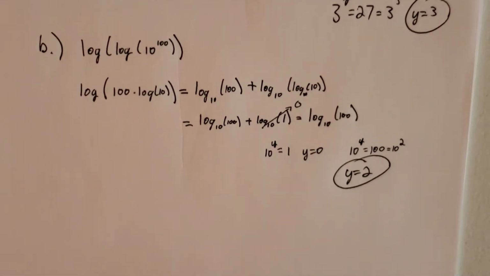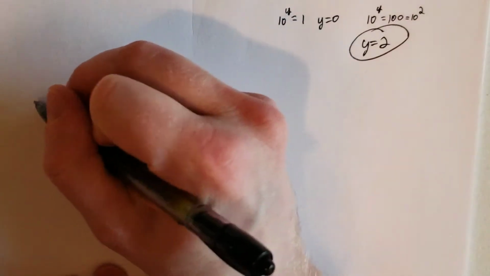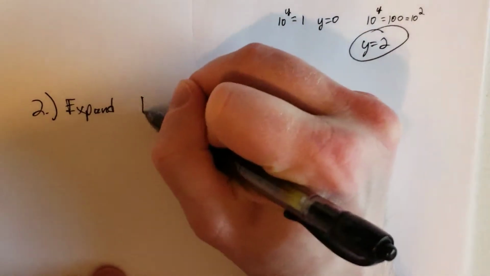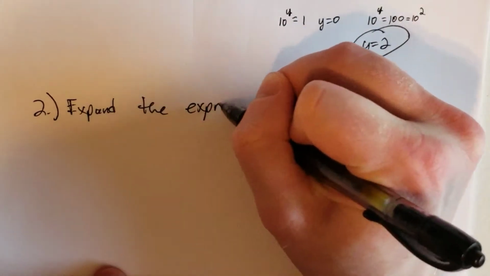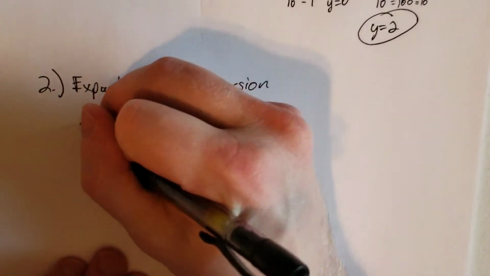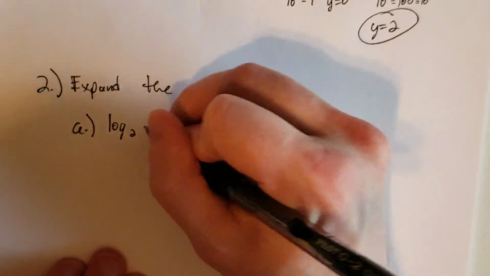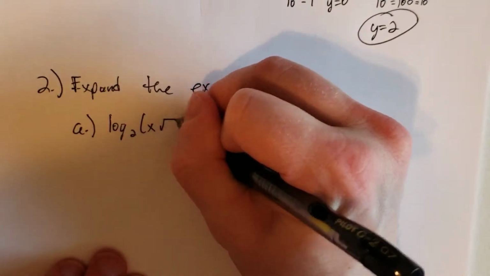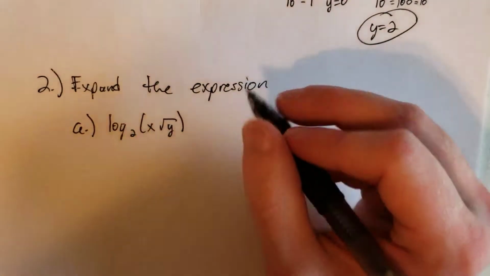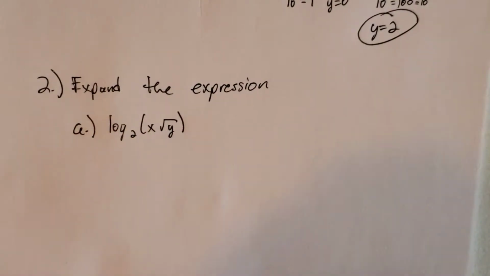We have a couple more examples for this section. So number 2 is going to be expand the expression. And A is going to be log base 2 of x times the square root of y. To expand this expression, notice first that we have x times the square root of y.